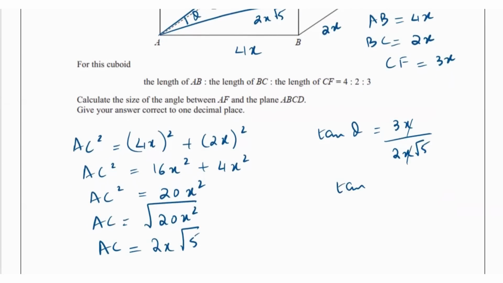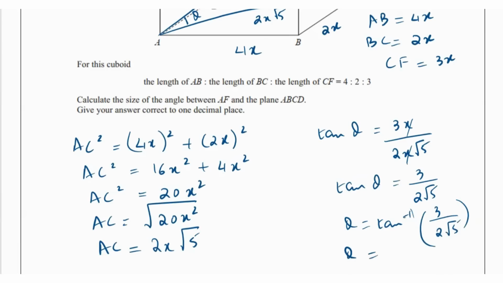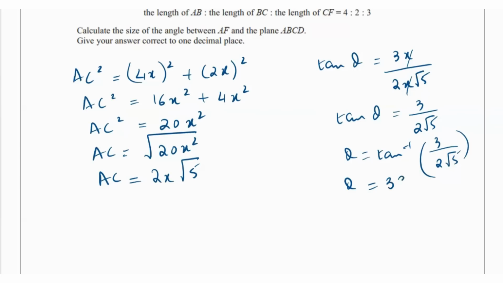So it's tan theta equals 3 over 2 root 5. Theta would be tan inverse of 3 over 2 root 5, which gives us 33.85. So correct to 1 decimal is going to be 33.9 degrees. That is your final answer.